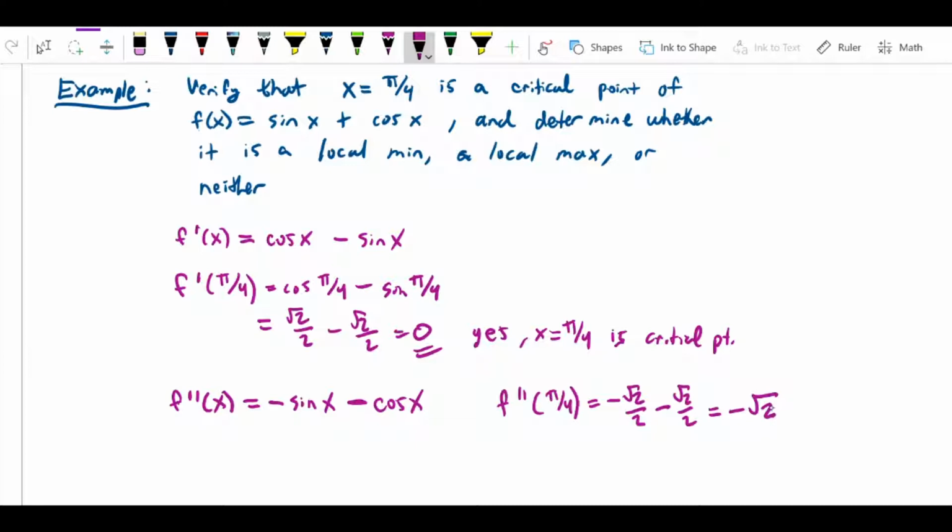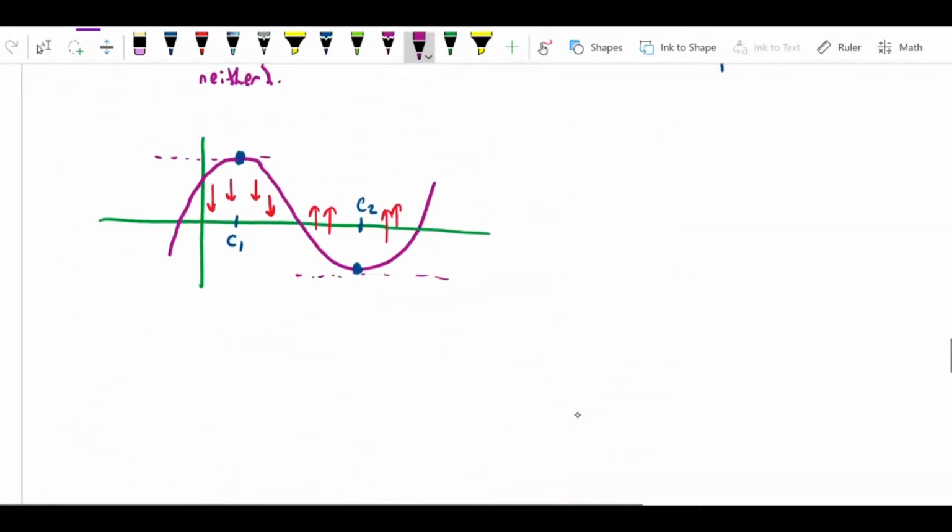We're simply using the fact that this function is concave down at pi over 4 to say that it is therefore sitting at the top of a concave down function, so it's kind of at the top of the mountain instead of the bottom.